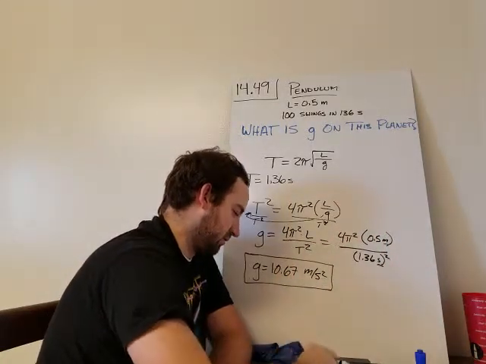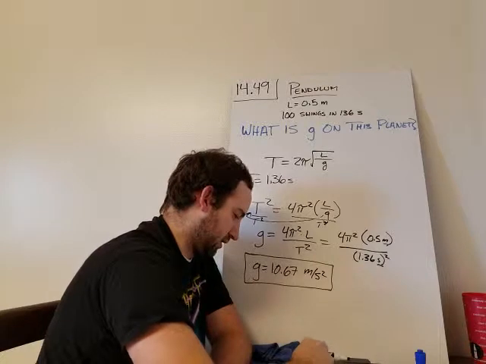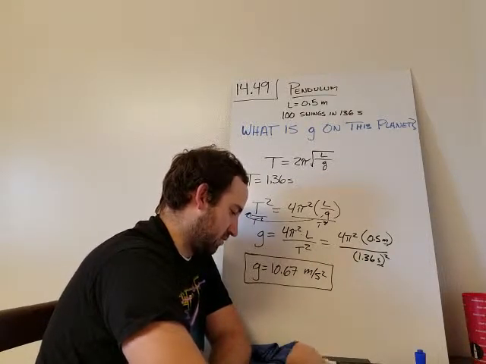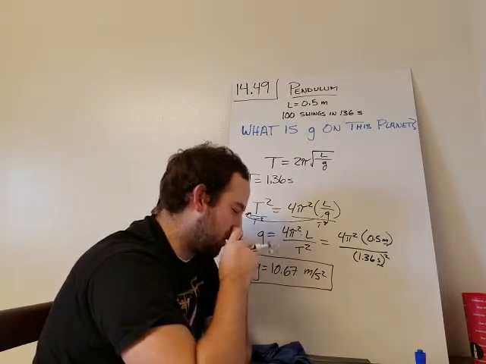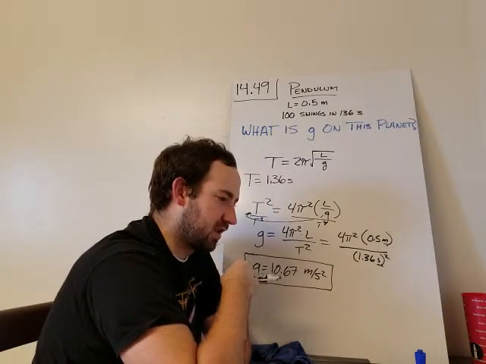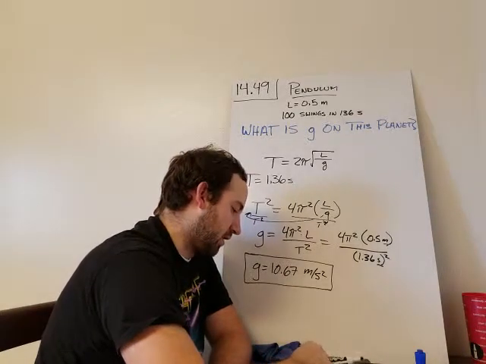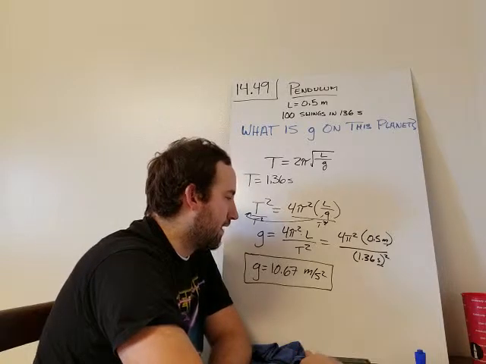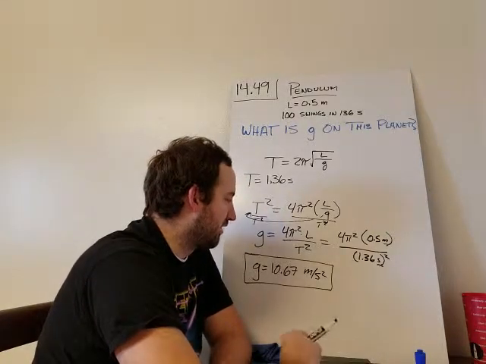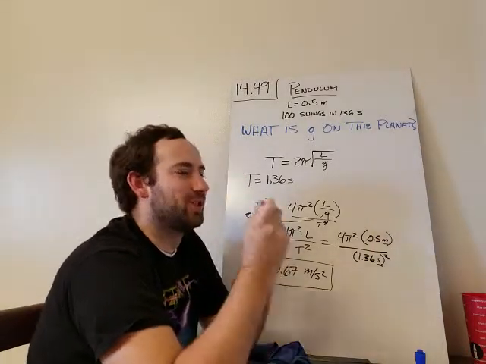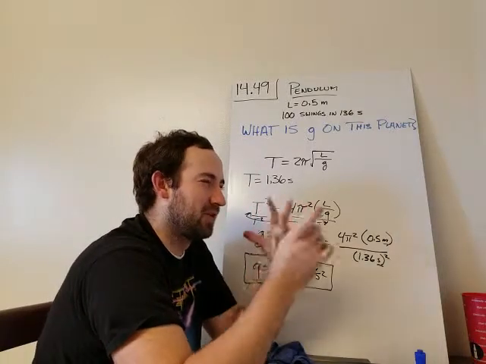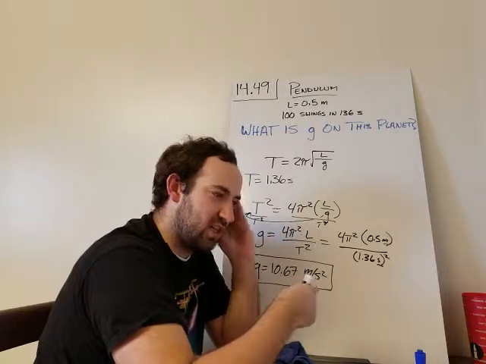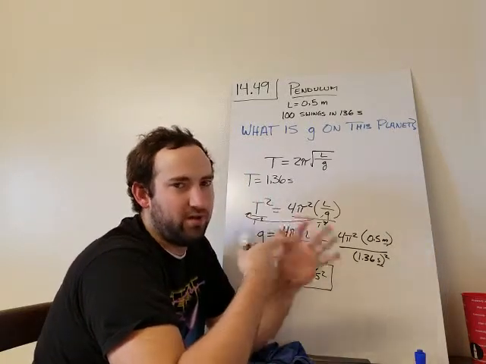And so 10.67 minus 9.81 means that it's 0.86 meters per second squared more than what we have on Earth. I think it would be so interesting to feel that, to sense that force of gravity, especially when we want to jump and things like that.